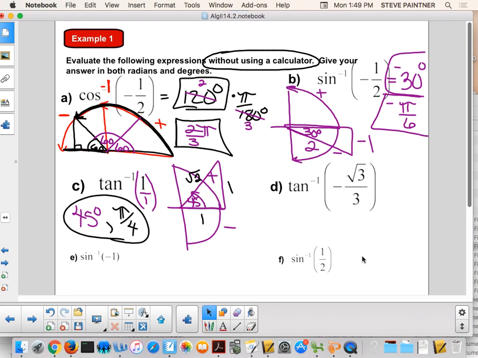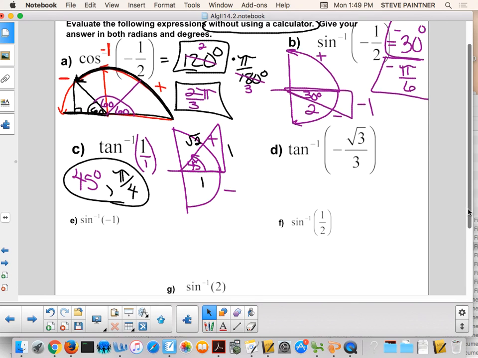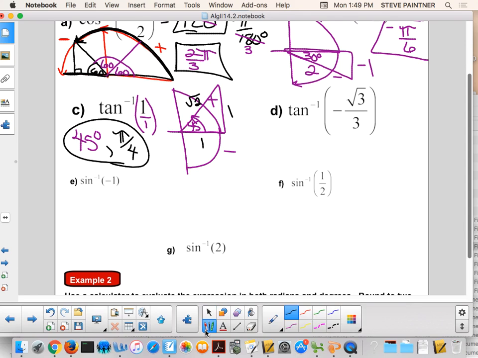That ratio is negative. Okay, where is tangent defined? First and fourth, positive here, negative here. You got negative, so you'd be here, wouldn't you? What angle did we decide on? 30. Hey, just look at your triangle.